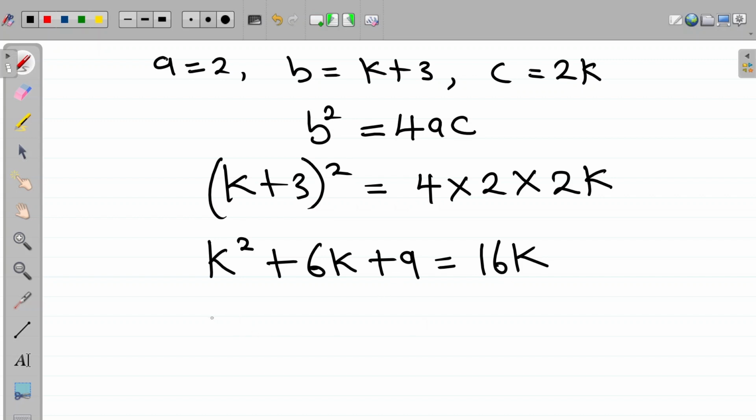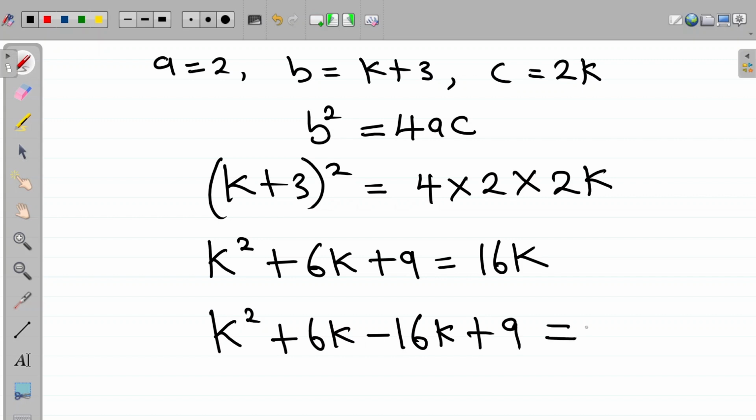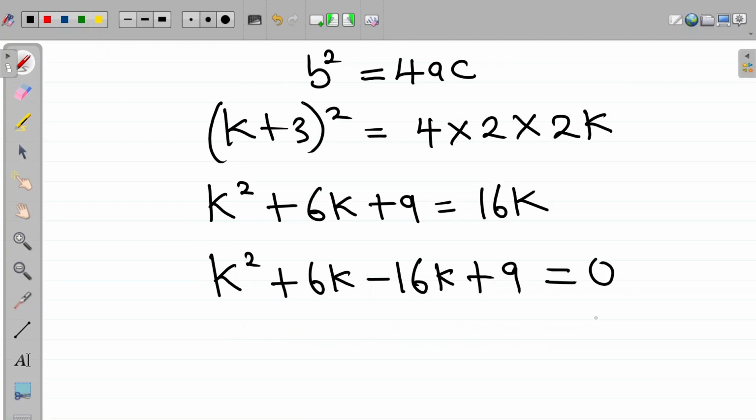So the equation becomes k squared plus 6k minus 16k plus 9 equal to 0. So we have that k squared minus 10k, because 6 minus 16 is minus 10, plus 9 equal to 0.